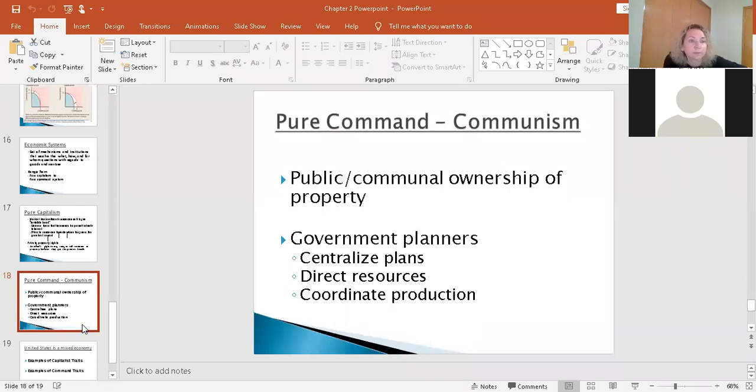A third? Oh, wow. Those are some high numbers. Yeah, it's actually a third. It's about 35%. So 35% of our economy is dictated by the government or government regulations, or the government owns industries or specializes in the production of certain things.